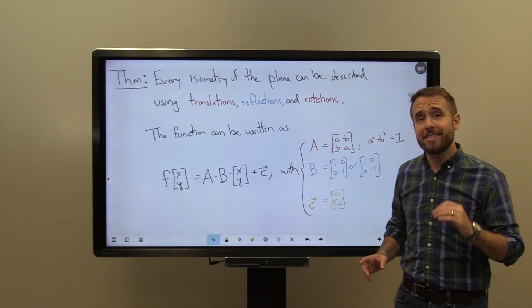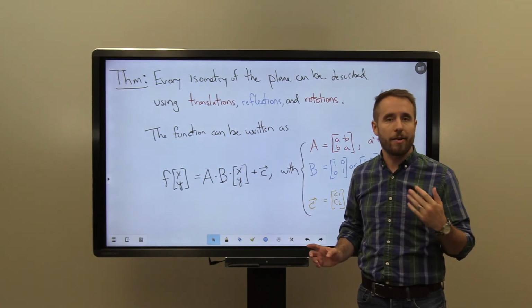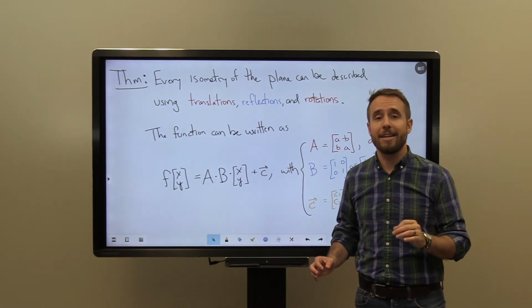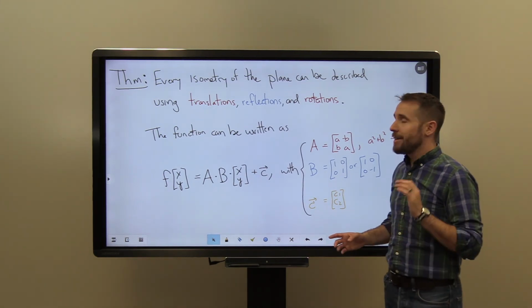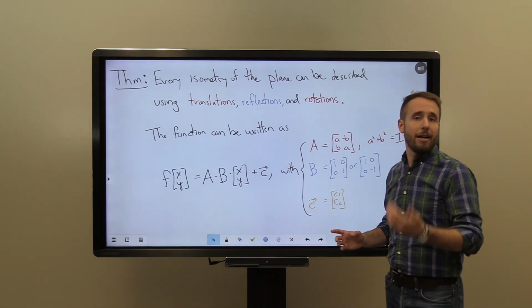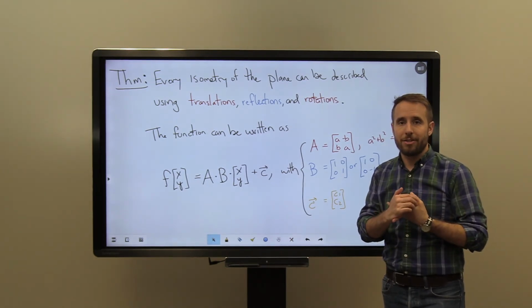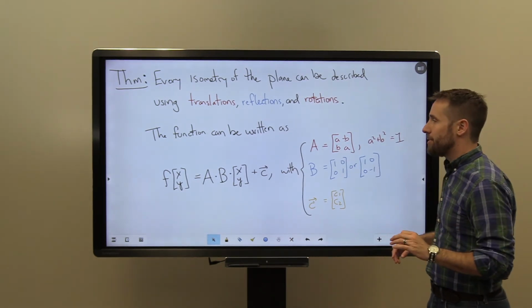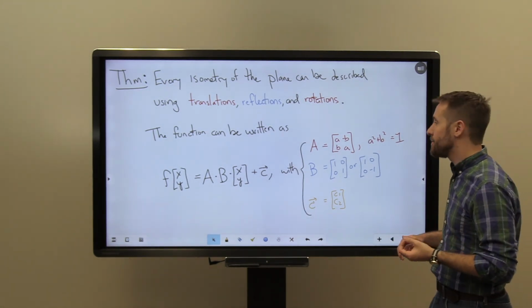And so we'll state this as a theorem, although we won't prove it here. It's really a theorem of a linear algebra flavor. But we'll state as a fact that every isometry of the plane can be described using a combination of translations, reflections, and rotations. Specifically, we can write this as follows.